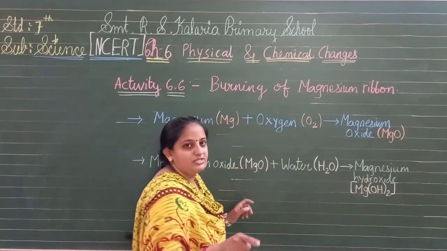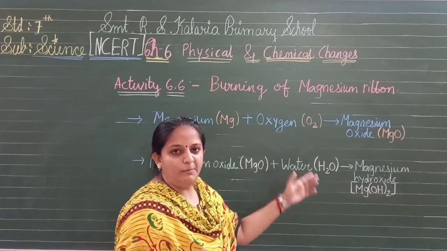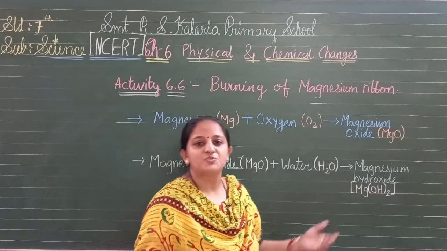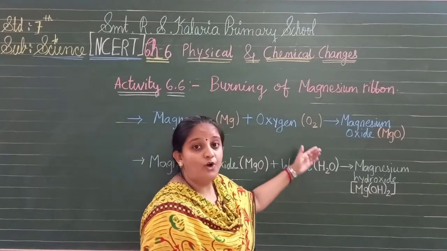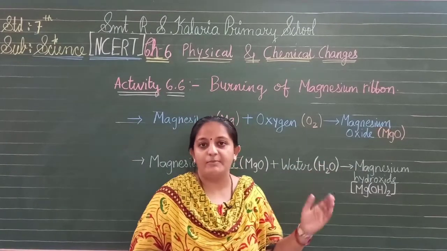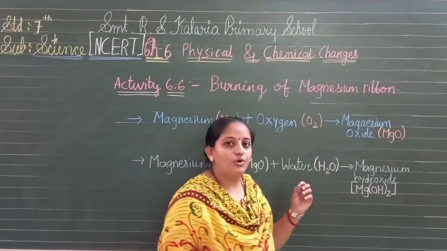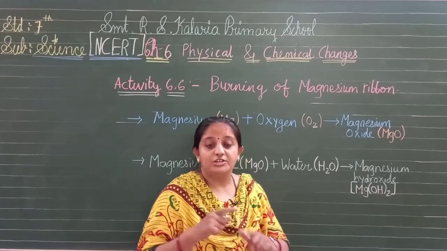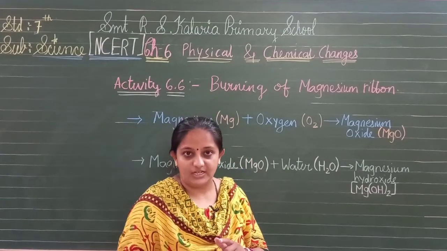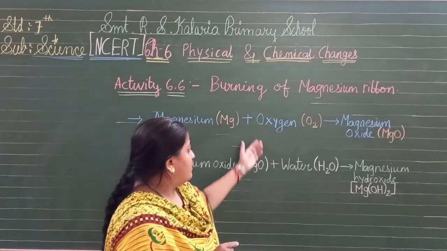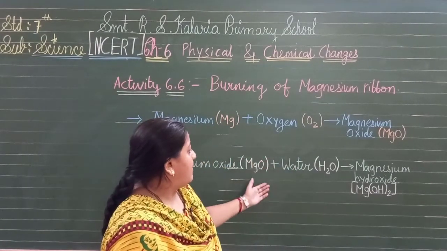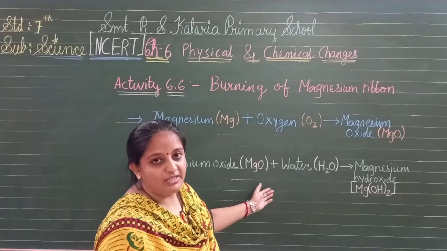We had already understood in chapter 5 it is a base which turns red litmus paper blue. So these two new substances are formed in a chemical reaction, a chemical change. This is also called a chemical change, which reacts with another substance and forms a new substance. These two, with the magnesium, we have understood.